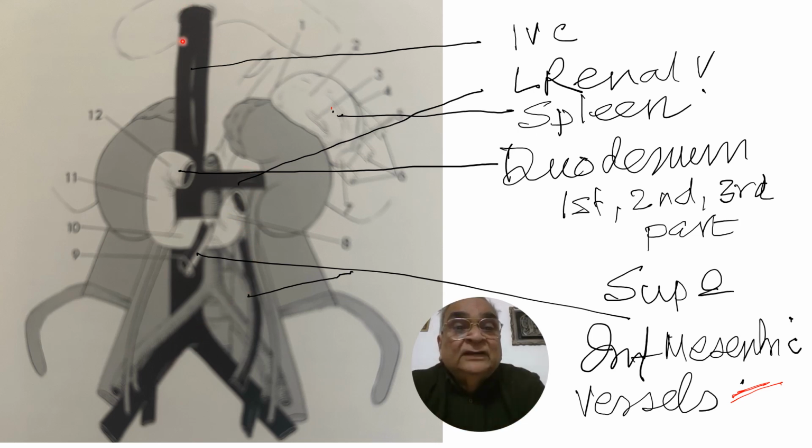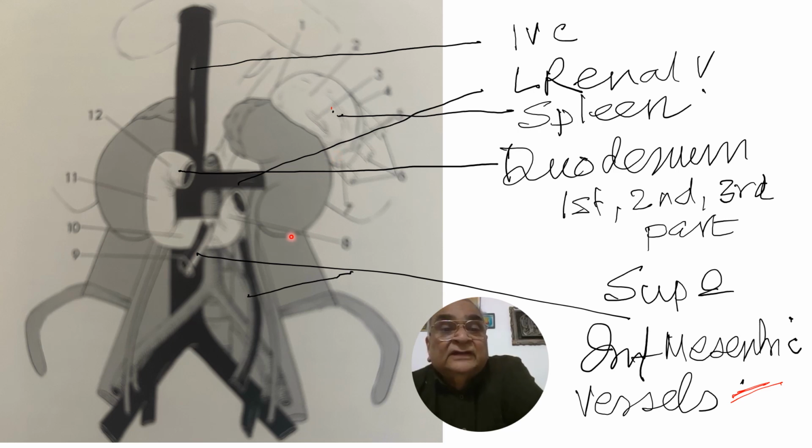You see that the inferior vena cava has got a left renal vein. The right renal vein you don't see because it is hidden behind the second part of the duodenum. The next thing that we have placed here, on the left kidney, is the spleen, which is related to the 9th, 10th and 11th rib.